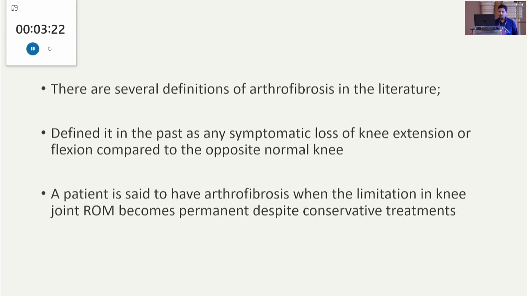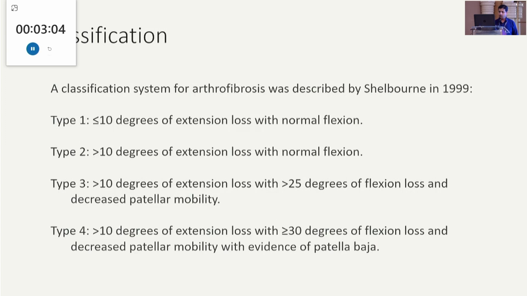There are several clinical definitions. In the past it was defined as symptomatic loss of knee extension or flexion compared to the opposite normal knee. Or a patient is said to have arthrofibrosis when the limitation in knee range of motion becomes permanent despite conservative management. This classification was given by Shelbourne in his classic paper in 1999, more than 2 decades ago.